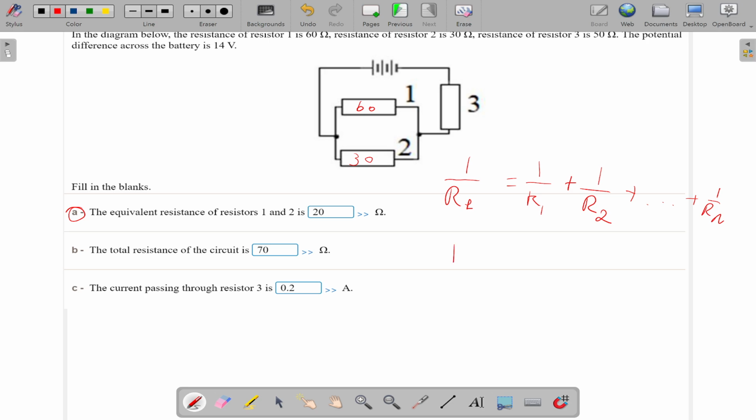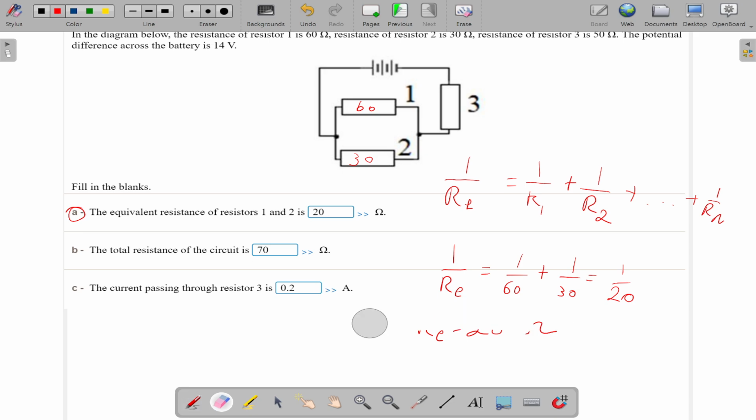So 1 over Re equals 1 over 60 plus 1 over 30, which if you do on a calculator will give you 1 over 20. So then you flip it, Re is equal to 20 ohms. And this is part A.